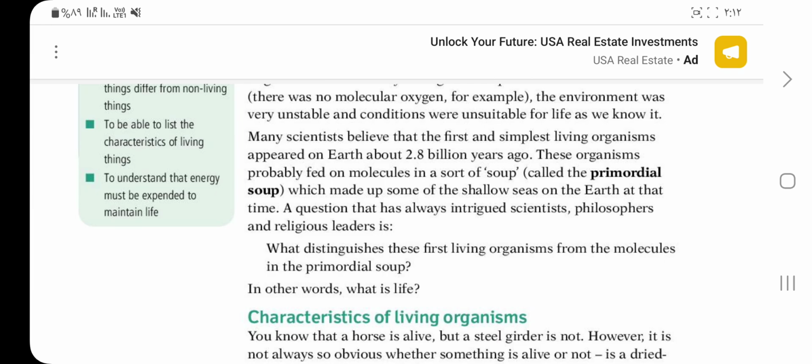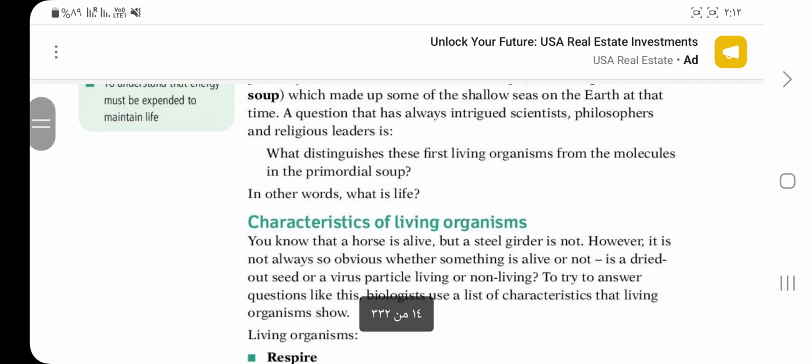This soup is called primordial soup, and it made up some of the shallow seas on Earth at the time.